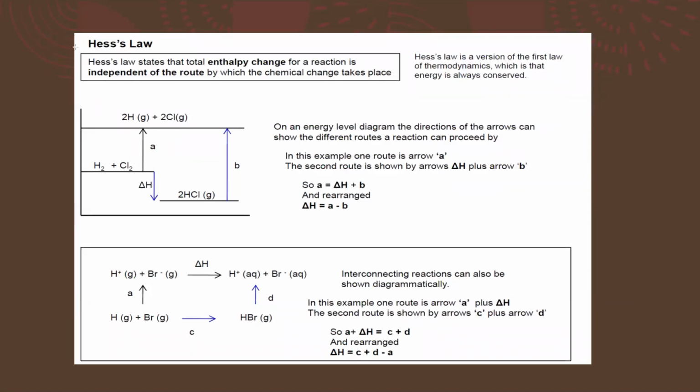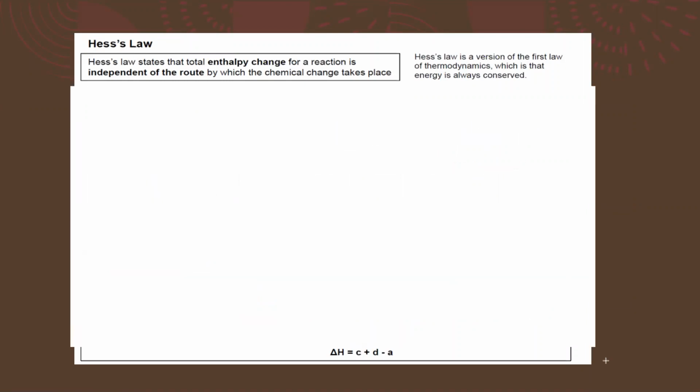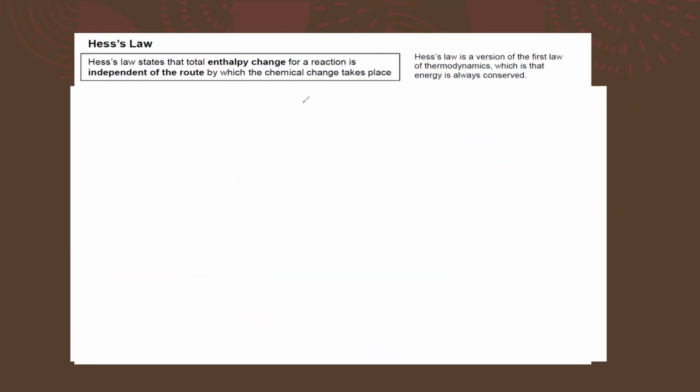For example, say you have A and B as the reactants, forming a product C. But the second possibility, first A converts into E or D, and that D reacts with B and forms C again. So if the same product is formed by different routes, the overall energy change is independent of route.